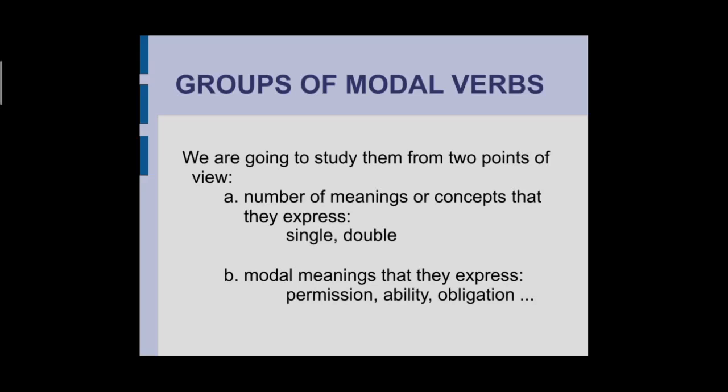For now, let's take a look at B. Modal meanings that they express: permission, ability, obligation. Now second aspect जिसमें हम divide कर रहे हैं वो है the ability to express, the obligation, the permission. वो sentence में जो modal verb use हो रहा है वो क्या denote कर रहा है?